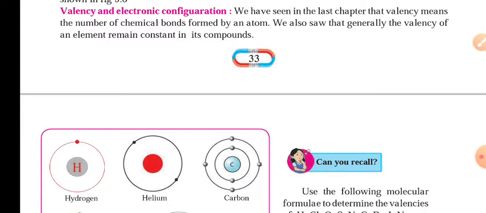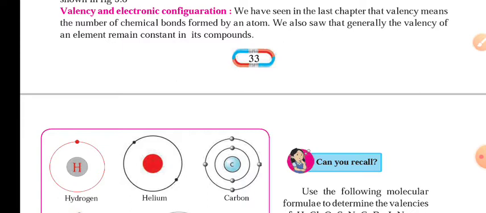In those we studied the different atomic structures, the research work by the different scientists, and after that we discussed the electrons, protons, neutrons, atomic structures, and electronic configuration. We have already done these things in the previous sessions. Today is the third session and we are going to discuss valency and the electronic configuration.